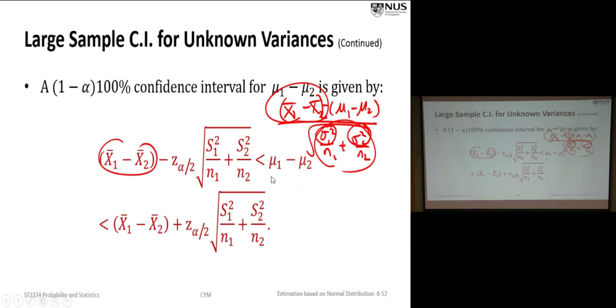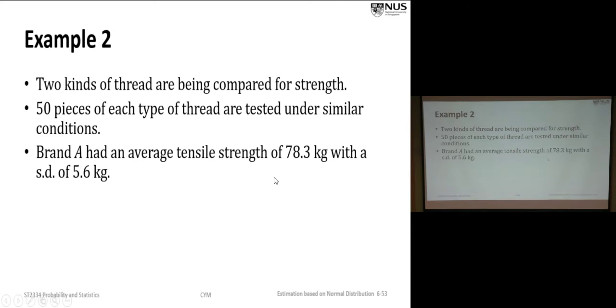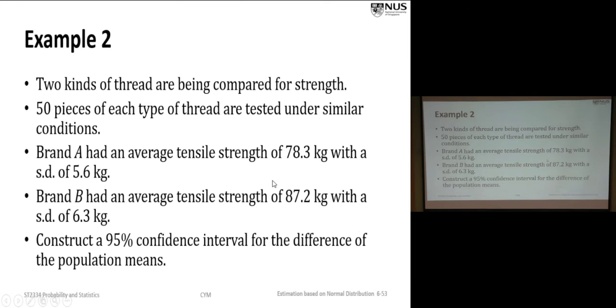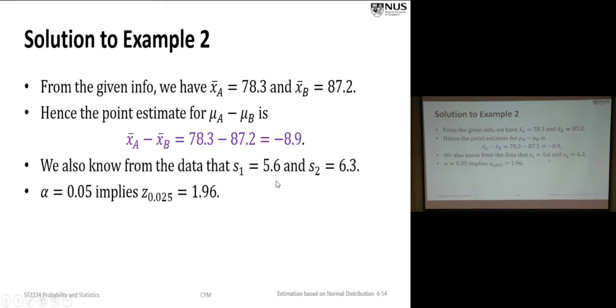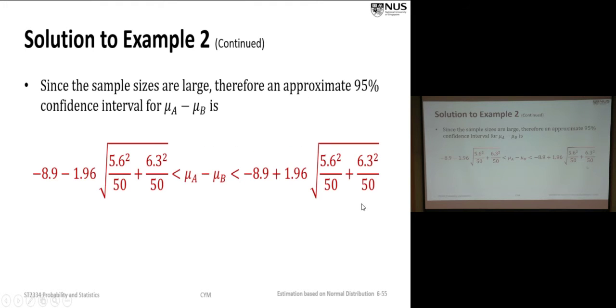All right. So here is an example. You can work it out yourself. Just remember, because the sample size is big, I use S1 square and S2 square in place of sigma 1 square and sigma 2 square.